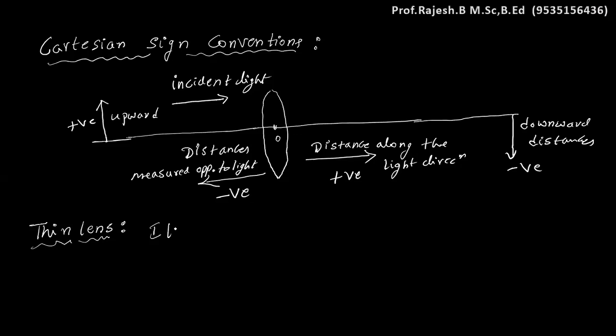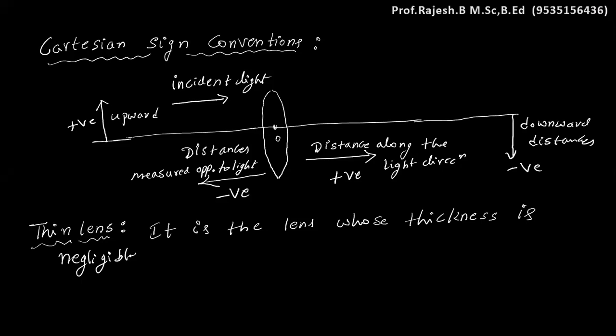So it is the lens whose thickness is negligibly small compared to its radii of curvature.